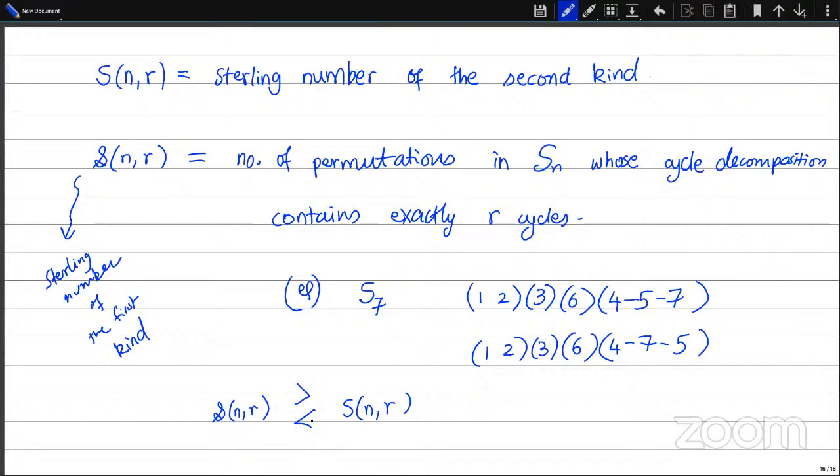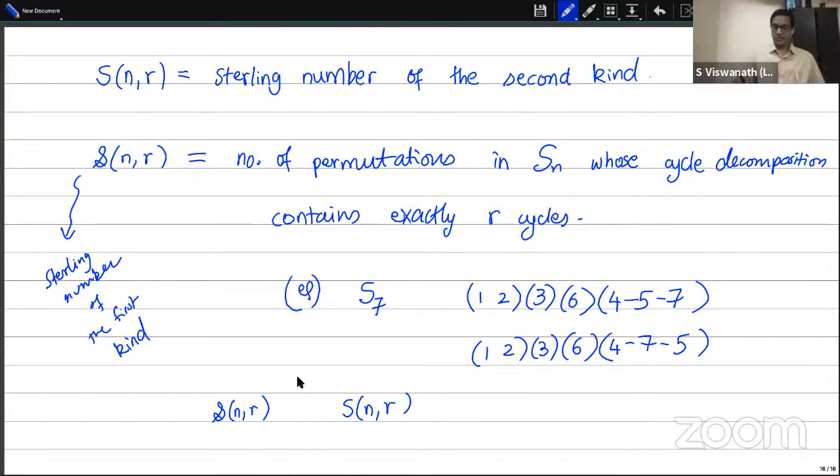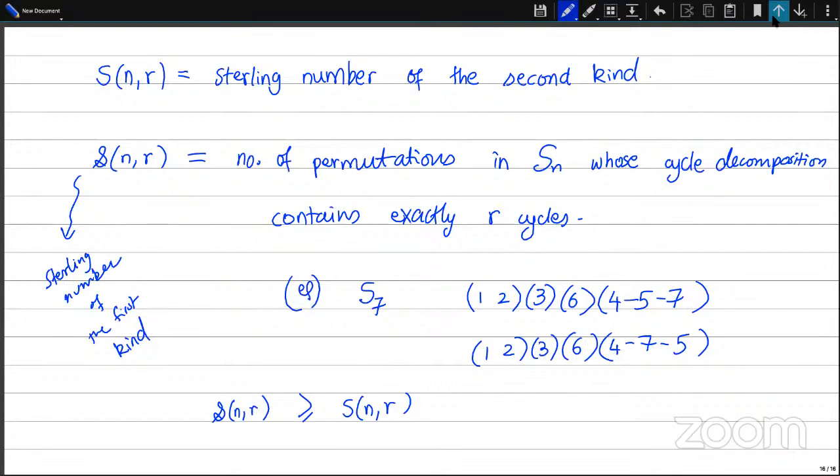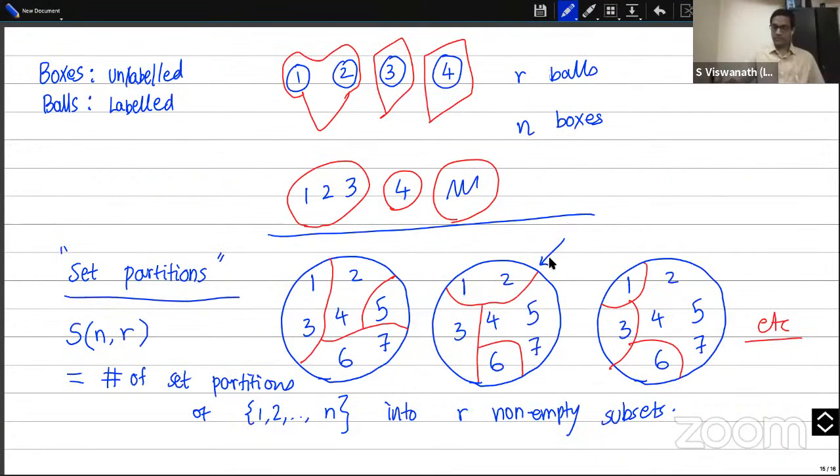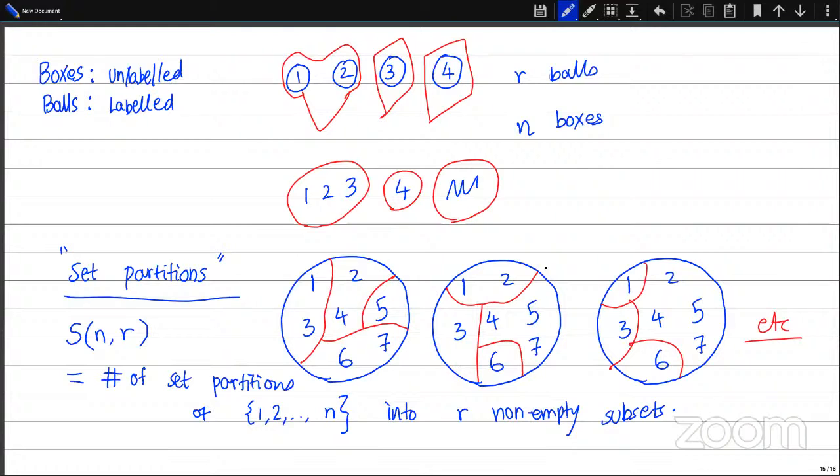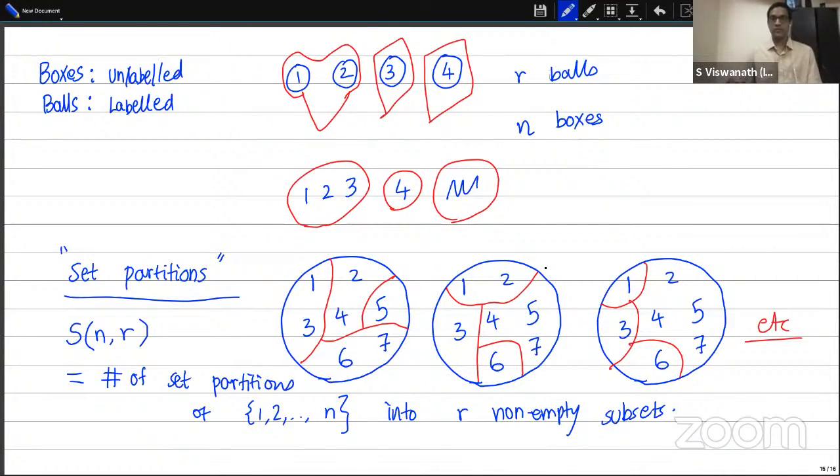Small s(n, r) is bigger, because capital S(n, r) is just a partition, but for small s there is something more. To each partition, you take an underlying partition. From that partition, you can form multiple permutations. There are many permutations that will typically correspond to a given partition, like the one we just did. You can cyclically permute those things in many ways.